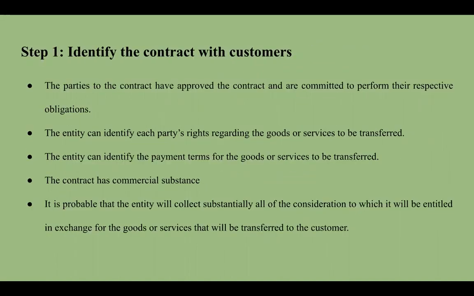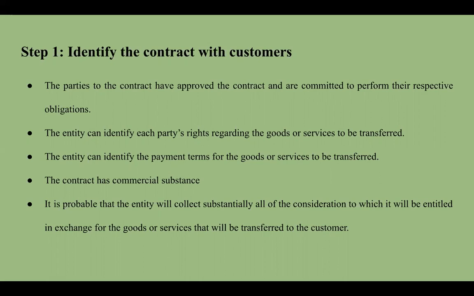Then the other part is the contract has commercial substance. This shows the risk, timing, and amount of the entity's future cash flows are expected to change as a result of the contract.